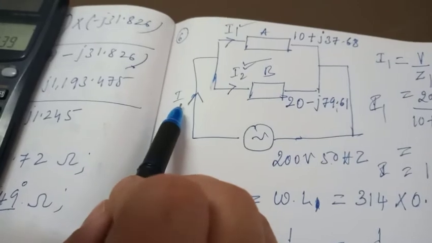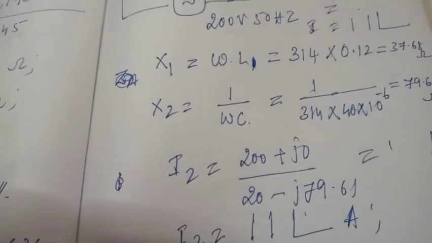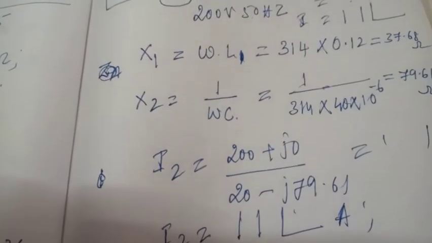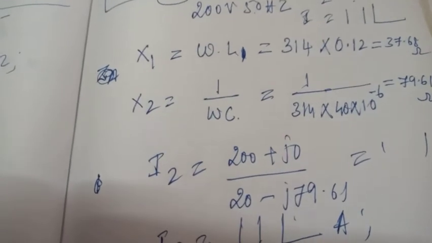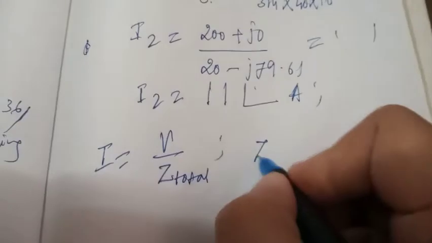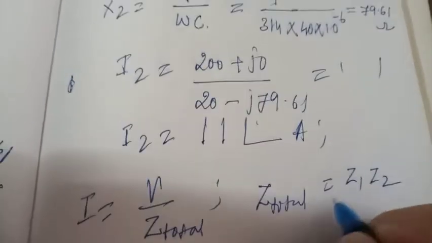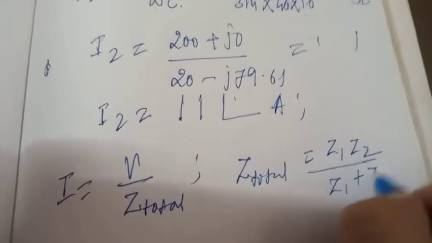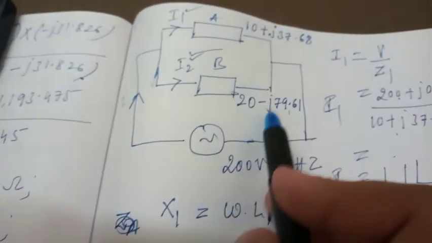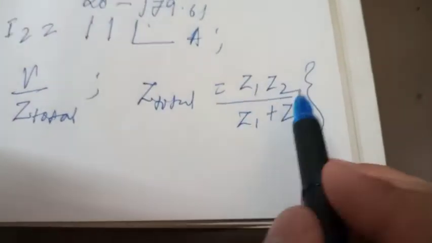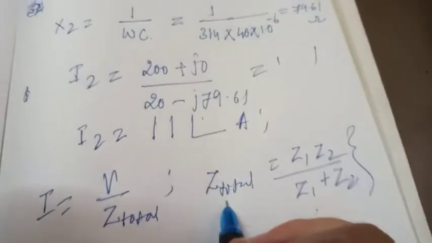Next, to calculate the main current I, you have the formula V by Z total. Z total is equal to Z1 Z2 divided by Z1 plus Z2. Substitute Z1 and Z2 here and use the calculator in complex operations to get Z total.